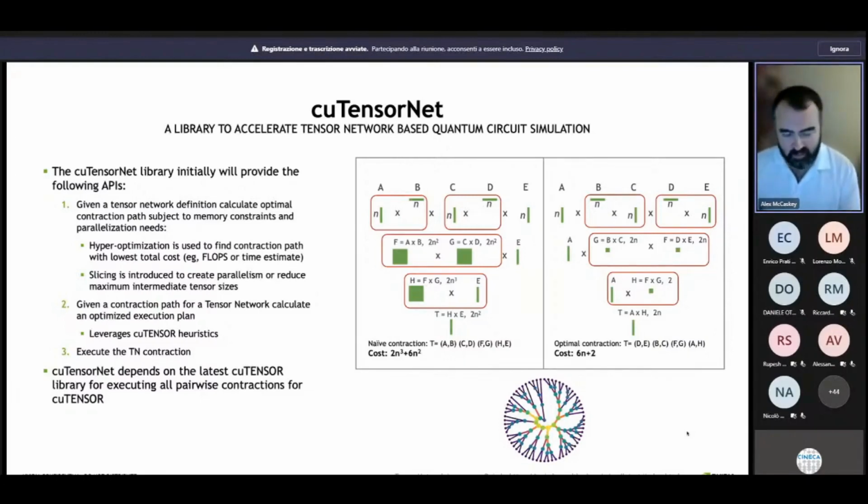It leverages QTensor for specific heuristics to calculate these optimized contraction paths, and then ultimately for execution itself.